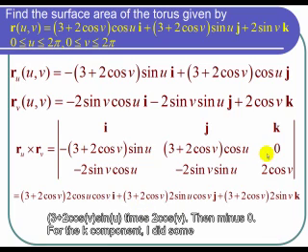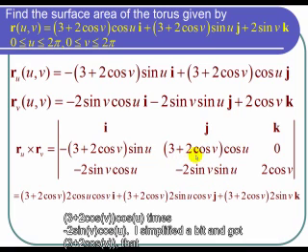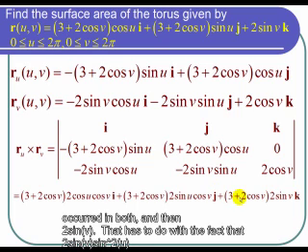And for the k component, I did some simplifying. I multiplied the negative (3 plus 2 cosine of v) times sine of u by negative 2 sine of v times sine of u, and subtracted the (3 plus 2 cosine v) cosine u times negative 2 sine v times cosine u. And I simplified a bit, and what I got was the 3 plus 2 cosine v, that occurred in both, and then 2 sine of v.